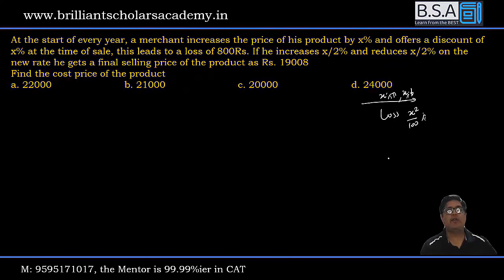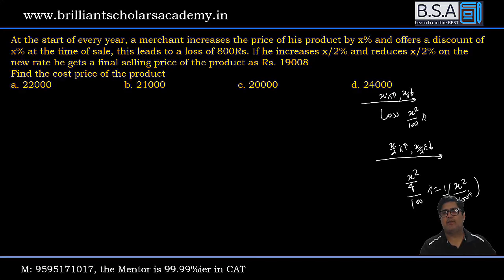What if I don't decrease by X percentage, but I increase by X by 2 percentage and decrease by X by 2 percentage? I will have X square upon 4 upon 100 percentage, that is, X square upon 100 percentage divided by 4.